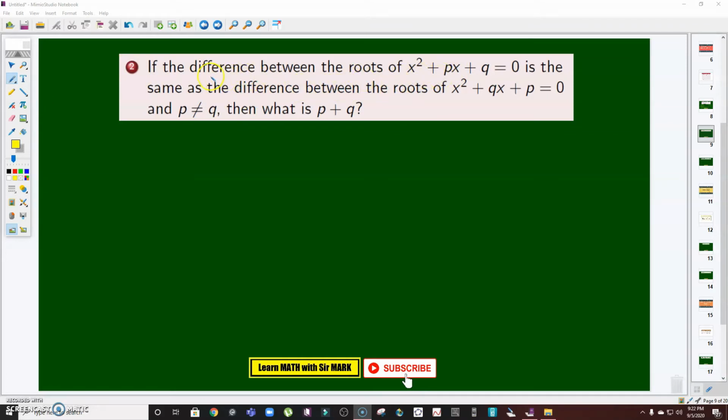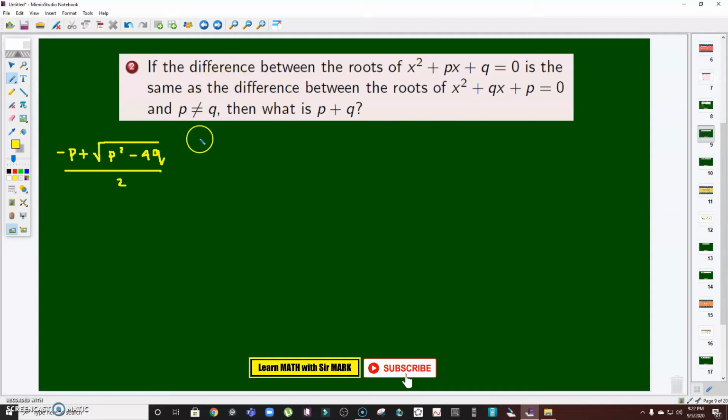Take note, it says the difference between the roots, how many? Two. So one root here is negative p, applying the quadratic formula, plus square root of p squared minus 4 times 1 times q, all over 2.